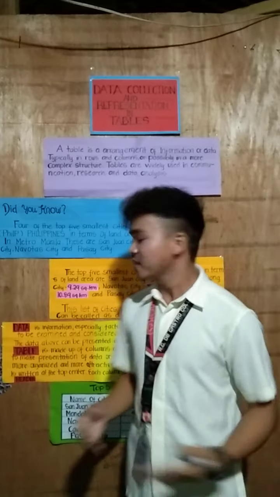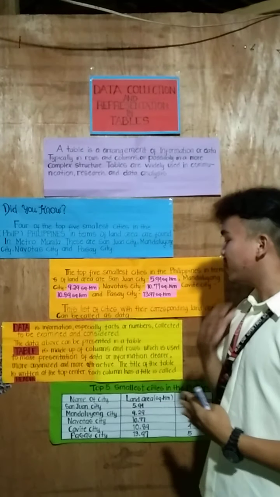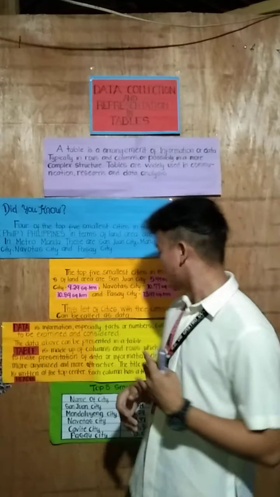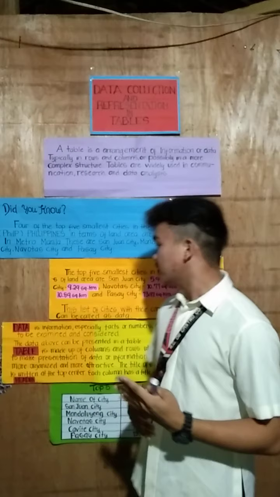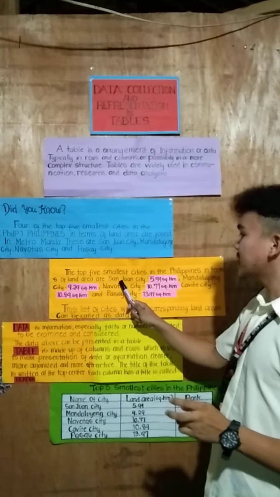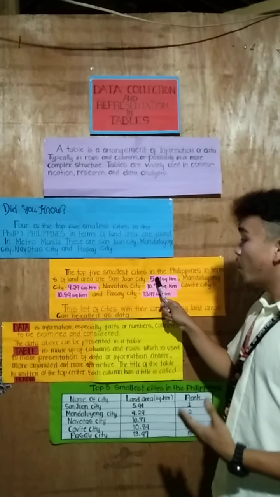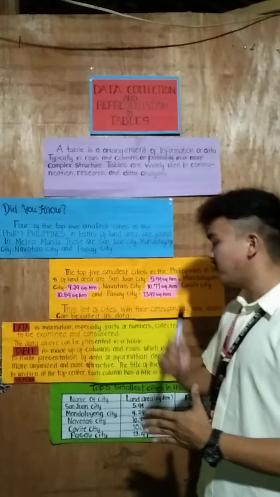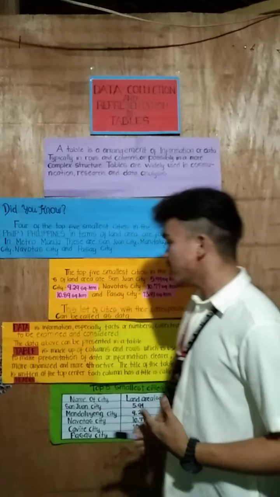So what is data? Data is information, especially facts or numbers, collected to be examined and considered. Here, the name of the city, San Juan City, and the land area are considered data because they are information, especially facts or numbers that were collected.